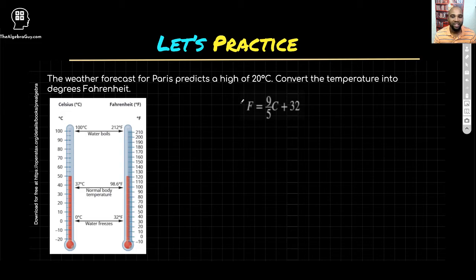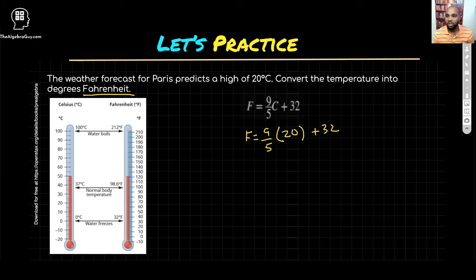So we want to convert the temperature into Fahrenheit. So Fahrenheit is going to equal 9/5 times Celsius, which is 20, plus 32. All right, so to get this one, we'll do 9/5 times 20.